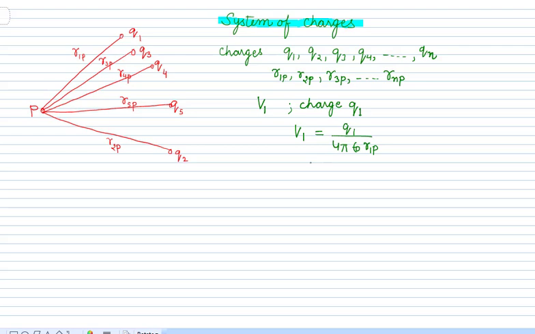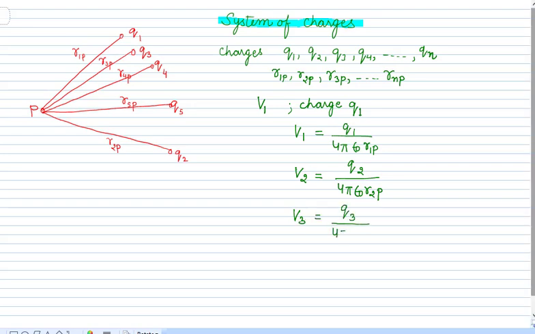Similarly, due to charge Q2, it will be given as Q2 upon 4 pi epsilon naught R2P. And due to other charges in a similar way, we can calculate V3, V4 and so on up to the nth charge.